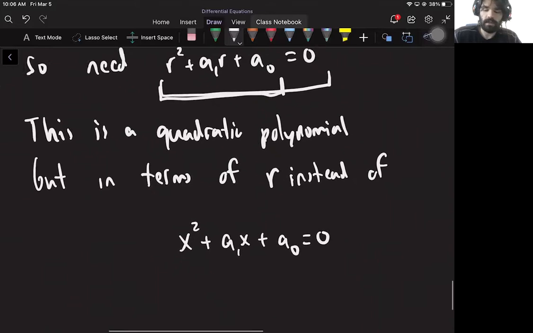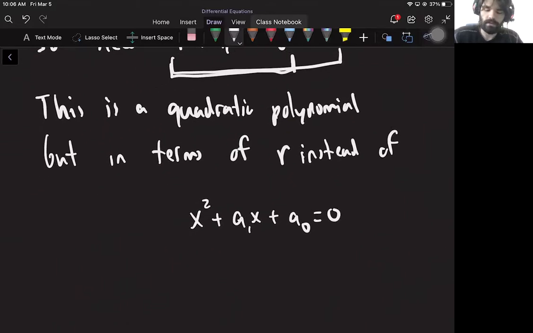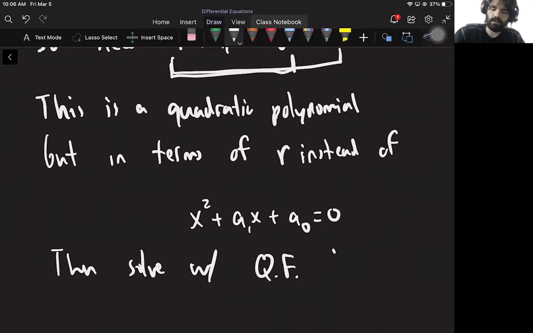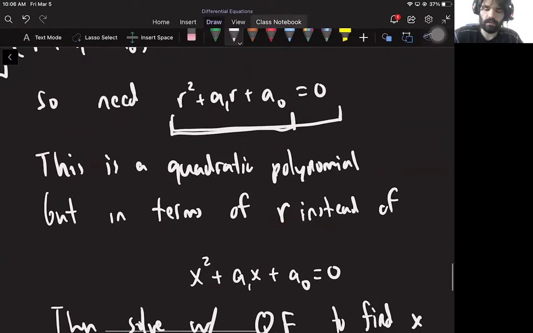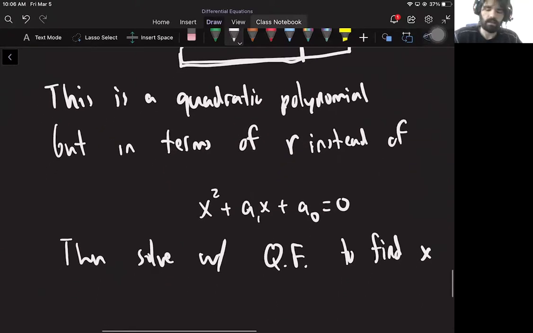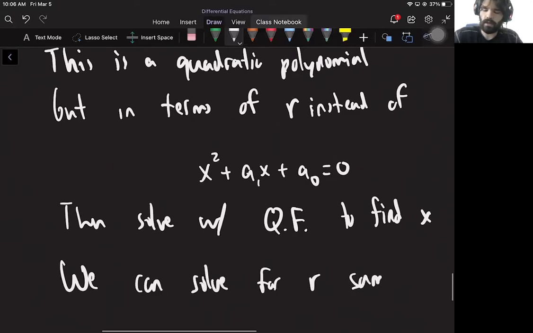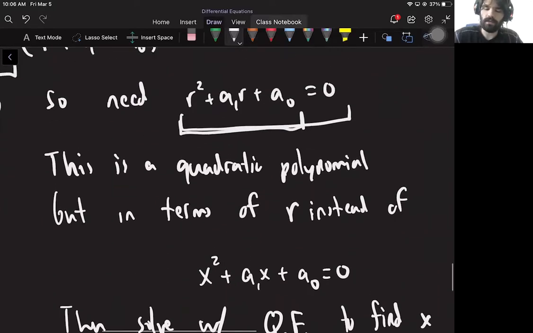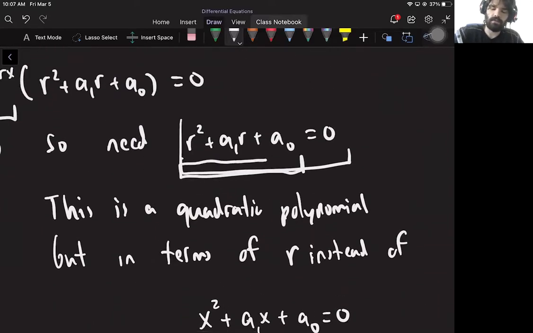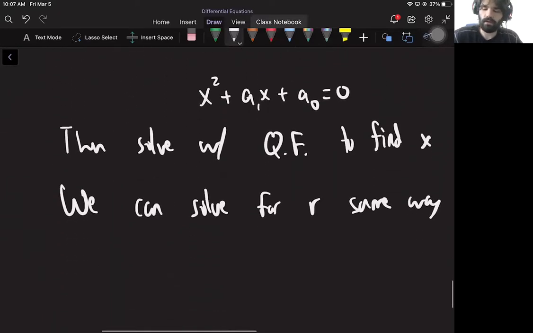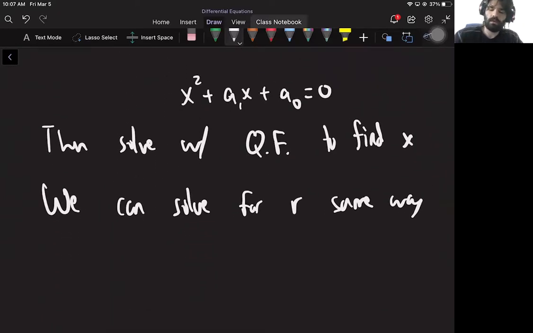And how would you solve something like this? What's the magic formula that solves this? You would use the quadratic formula to solve for x. Well, it's just a different letter. Now we're solving for r, but we can do the same thing. So we can solve for r the same way. Or if it happens to be easy, you can actually just factor this thing to figure out r instead.